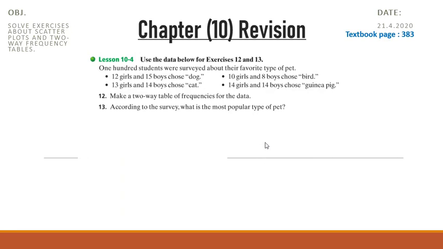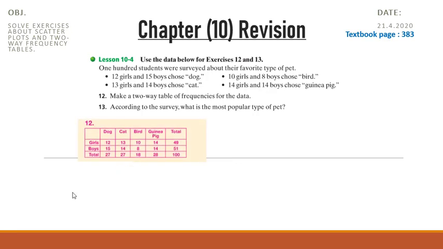Okay, in this question, make a two-way table of frequencies for the data. I will use this data and make the table. I think this is easy, not a problem for you.